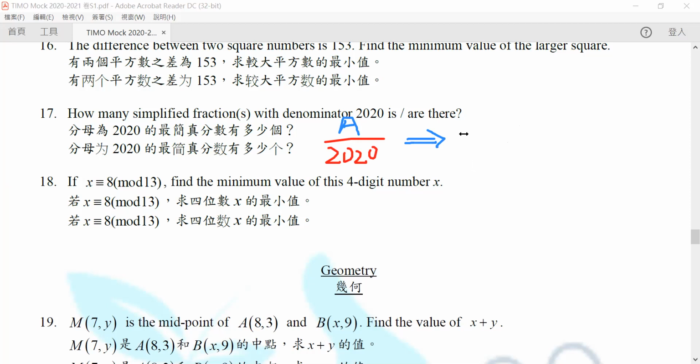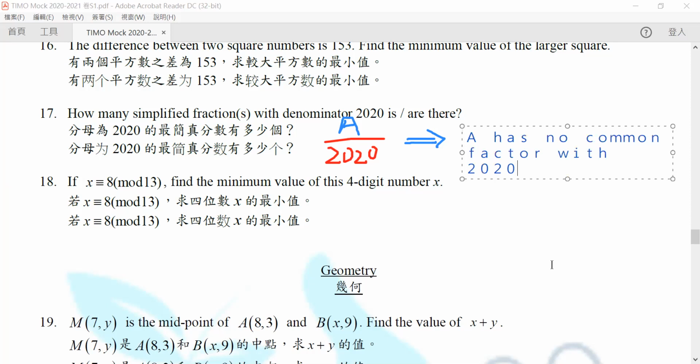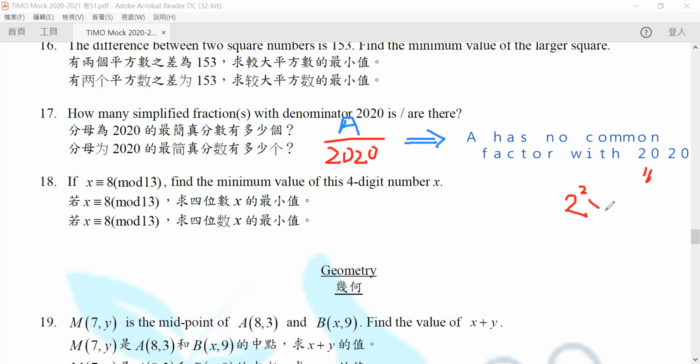So A has no common factor with 2020. But we know that 2020 has many factors, because it is equal to 20 times 101, and 101 is itself a prime factor, hence it is equal to 2 to the power 2 times 5 times 101.